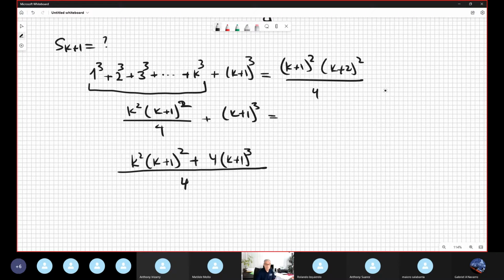I can see that k plus 1 is the greatest common factor, it's obvious that it's k plus 1 squared. I already factored. K plus 1 squared, and stay inside the parenthesis or bracket, whatever you want.